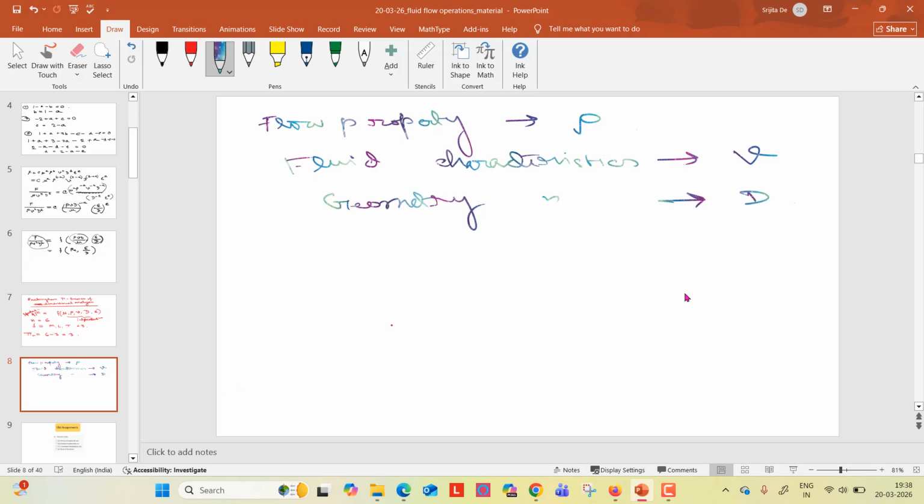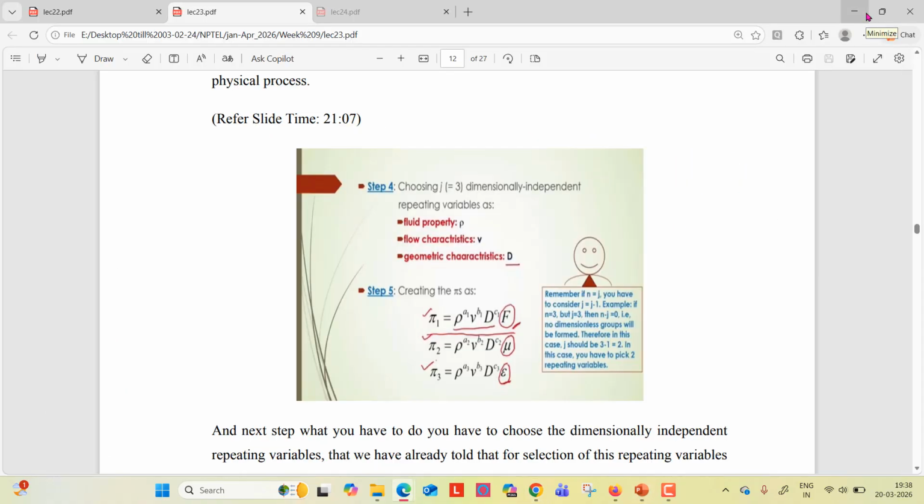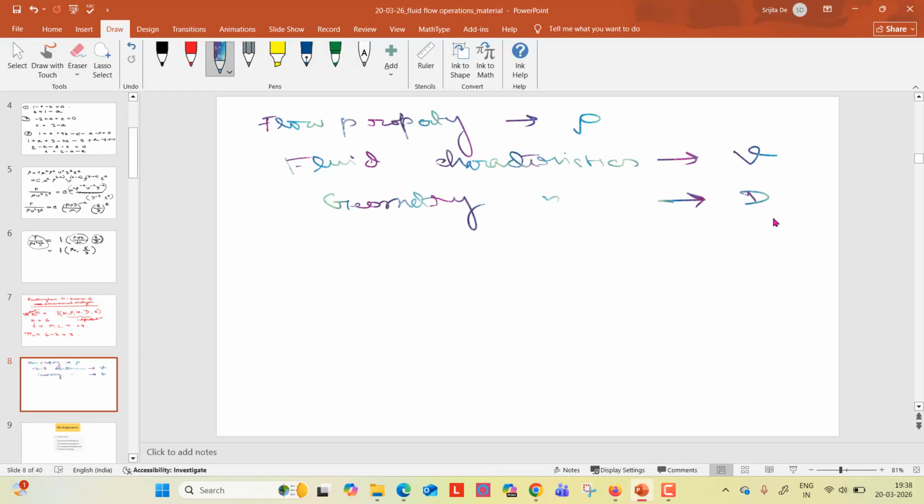Right? So these are 3 repeating variables. So now what are the other variables that are there? Now we can take all the rest of the variables as 1. So now we have 3 dimensionless numbers. Pi1 will be rho to the power a1, v to the power b1, d to the power c1 into f.